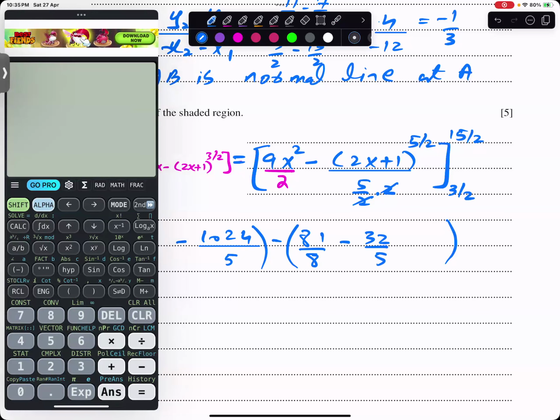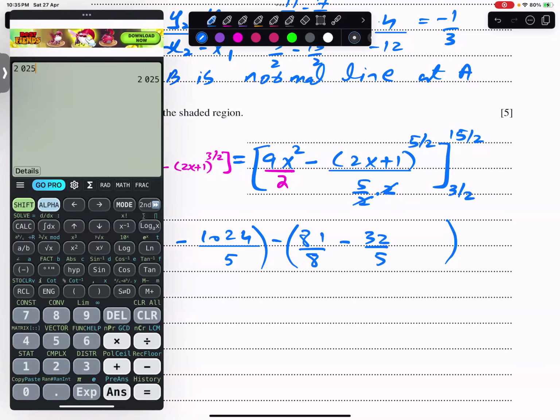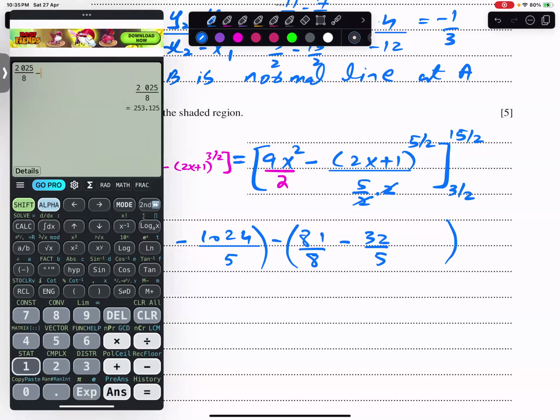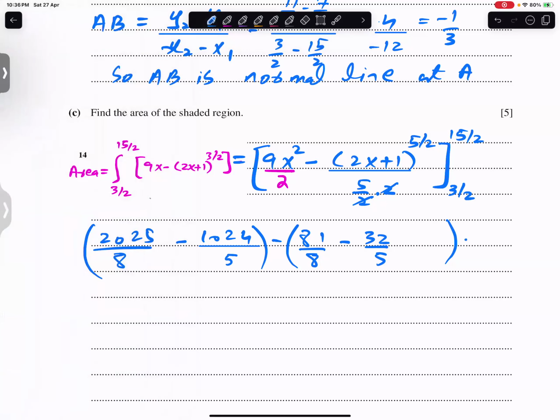So 2025 divided by 8 minus 1024 divided by 5 minus 81 divided by 8 plus 32 divided by 5. 100% correct. So this will be 44.6.